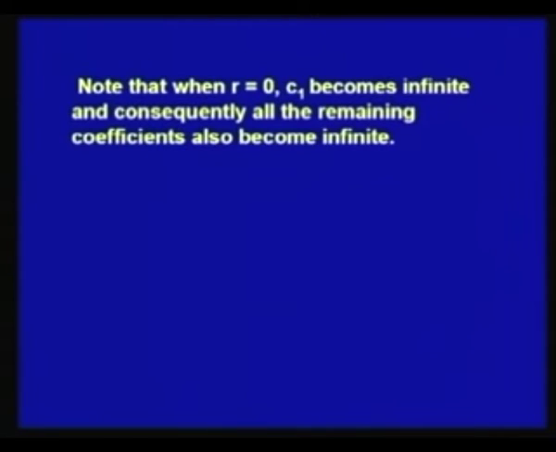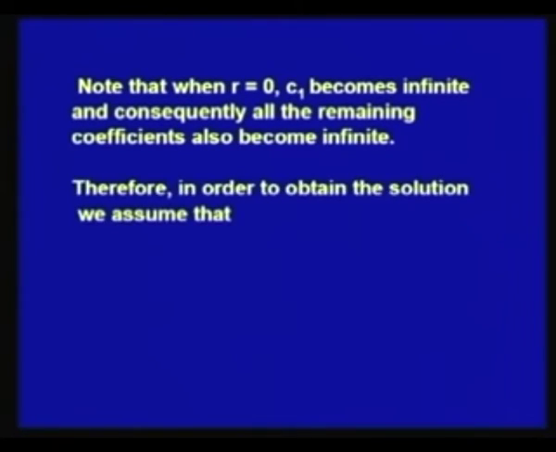Now let us note that when r is equal to 0, C1 becomes infinite here, and consequently all the remaining coefficients also become infinite because they are related to C1 and hence to C0. So in order to obtain the solution, we assume that C0 is equal to A0 r.